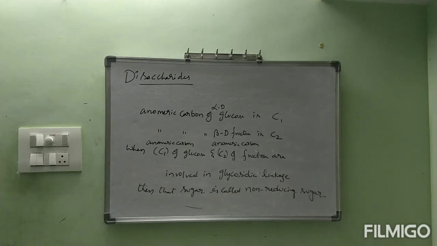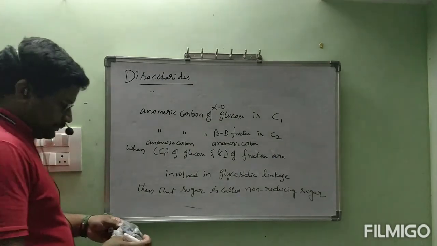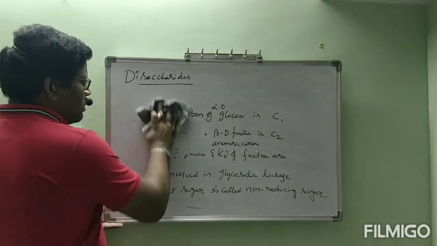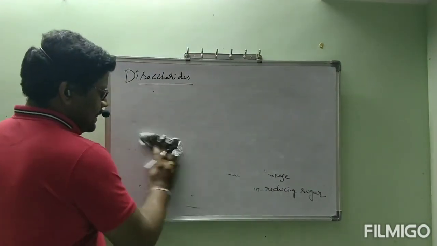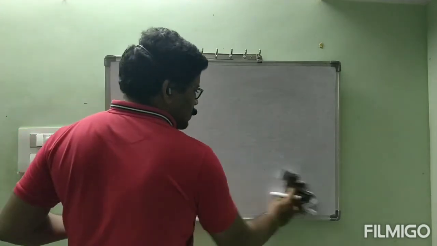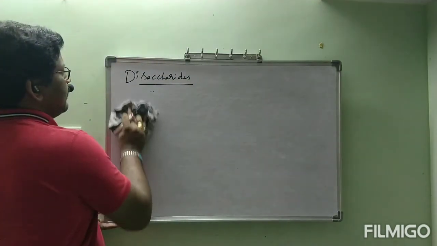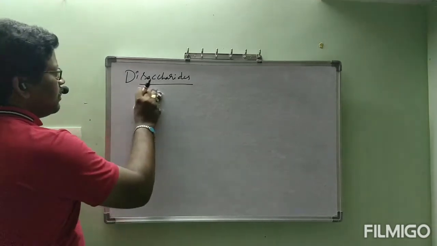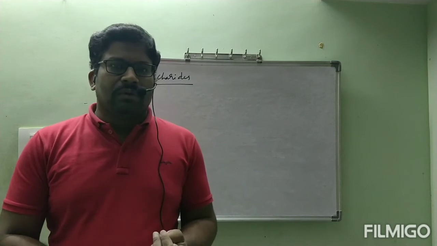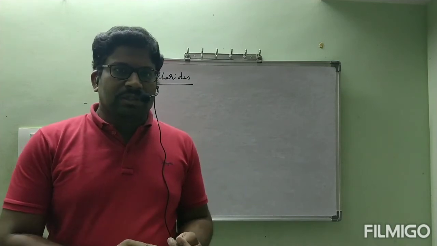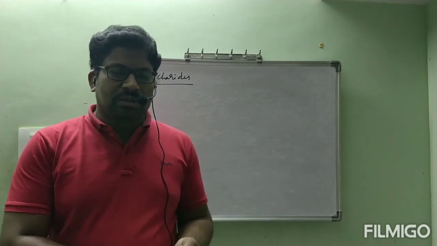Now we will see the structure of the next one, maltose. After that we will see lactose. So in sucrose we have seen the structure, the inversion of sucrose, and that sucrose is a non-reducing sugar.